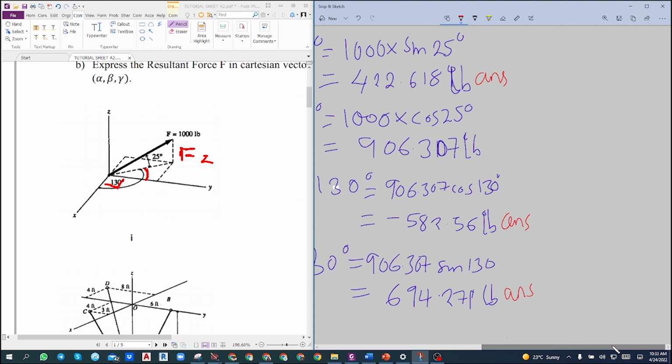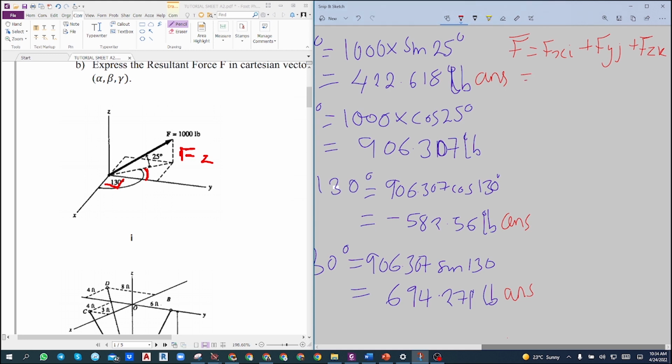Alright, so now let's go to B. For B, we are told to express the resultant force in Cartesian vector. I have the x, the y, and the z. So my Cartesian vector form for F as a vector is equal to FXi plus FYj plus FZk.